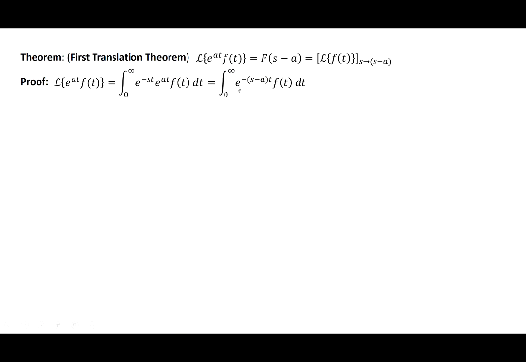Laplace of f of t is F of s, and F of s is nothing but the integral of e to the negative st times f of t dt. So if we have the integral of e to the negative pt, f of t dt, for some p, then we would say uppercase F of p. Would you agree? Think about it. The integral of e to the negative pt f of t dt would be uppercase F of p. So here that p happens to be s minus a, so we should say F of s minus a, as simple as that.